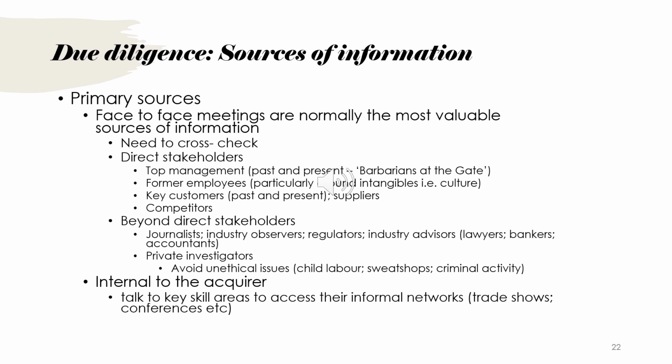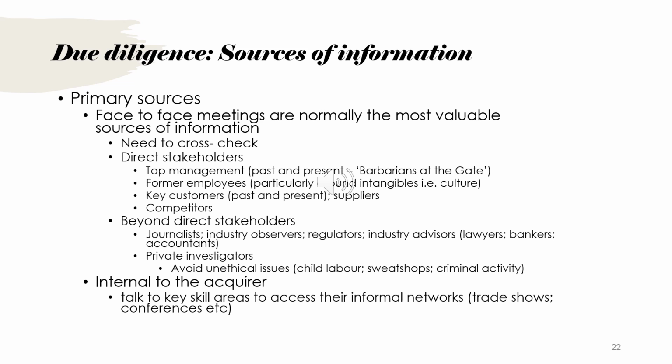Primary sources of information include, importantly, face-to-face meetings, and they're really the most valuable source of information. Of course, you do need to cross-check this, and you can end up talking to a lot of direct stakeholders, such as top management teams, both the current ones and the ones in the past. Former employees, of course, really do know a lot, particularly about things like culture.